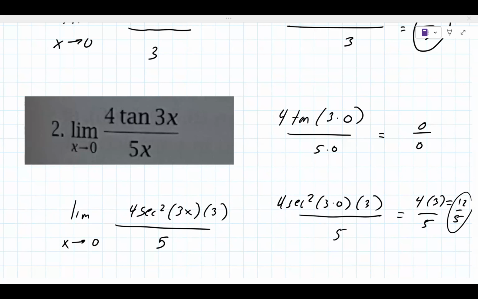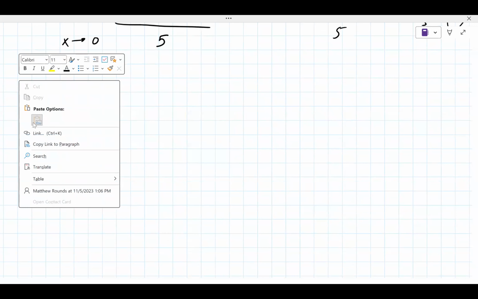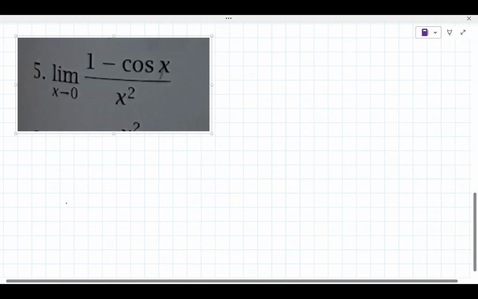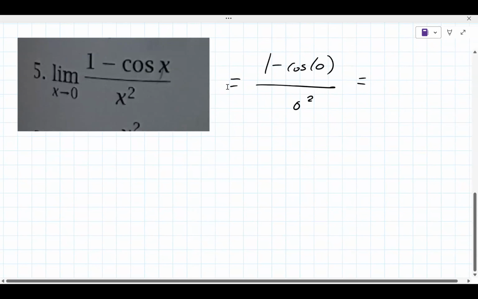So let's slide down the page to number 5. I think it's important to show this. I don't know that I would believe a student could just mental math this, but maybe they could.